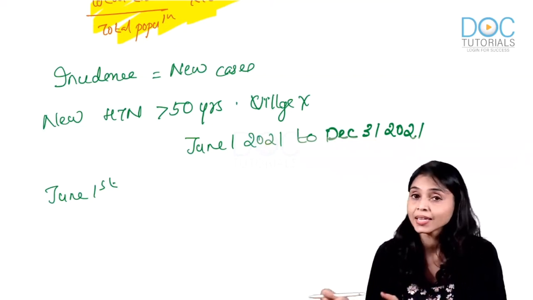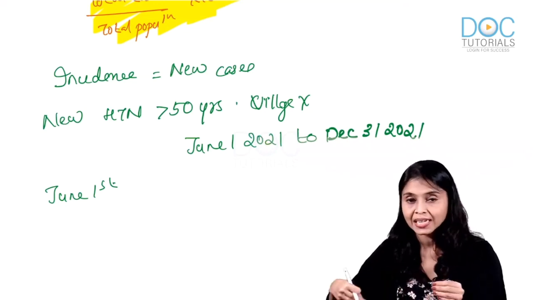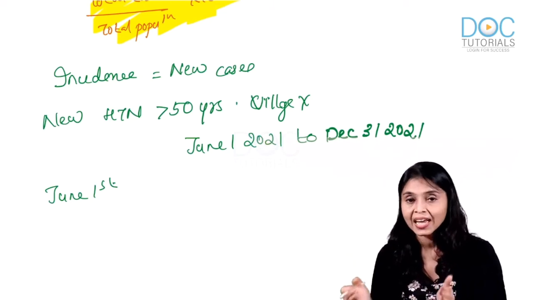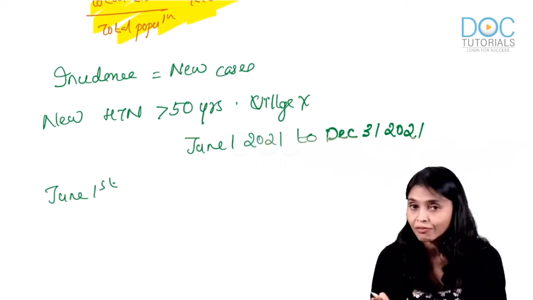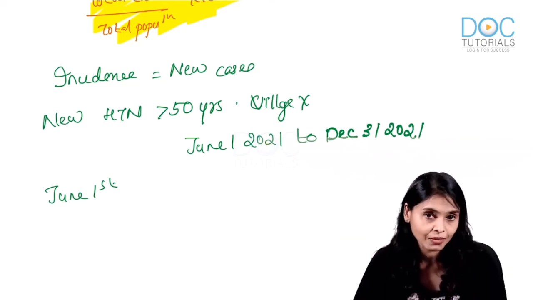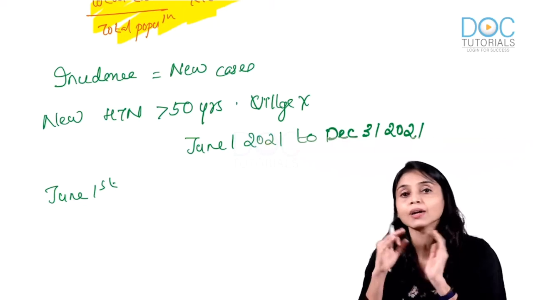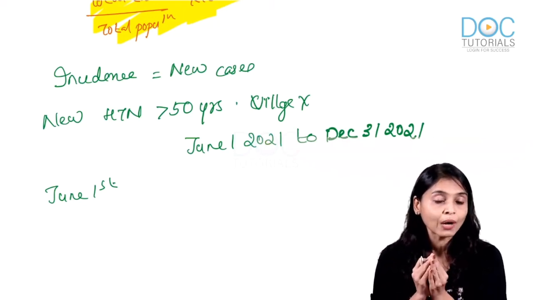I'll take out those who are already hypertensive, and then I'll follow up those above 50 years who do not have hypertension till December 31st to see how many new cases of hypertension are developing in that group. Is it clear? This is how you find out incidence.